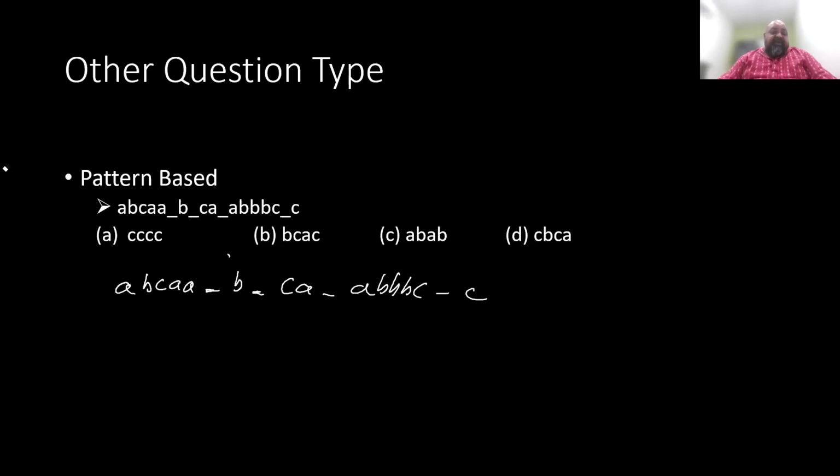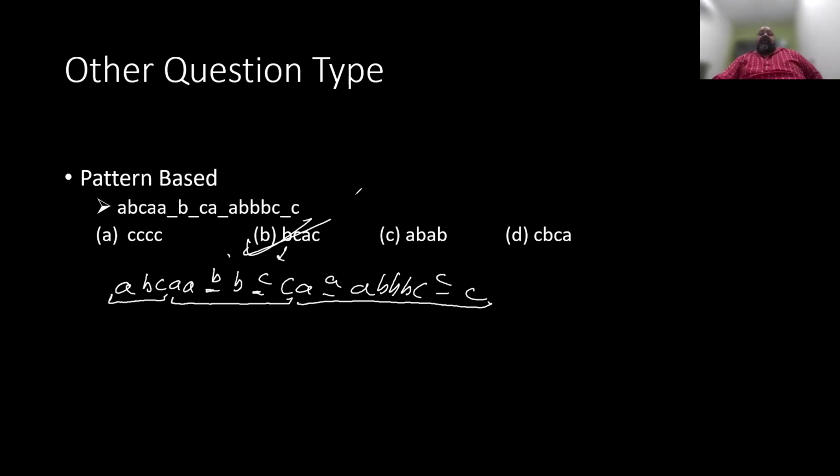If I check the second option, BCAC, ABC, ABBCC, triple A, triple B, triple C. As you can see, there is a pattern formed using the second option. There is ABC, then double A, double B, double C, then triple A, triple B, triple C. So I see a pattern, and therefore this becomes my answer.